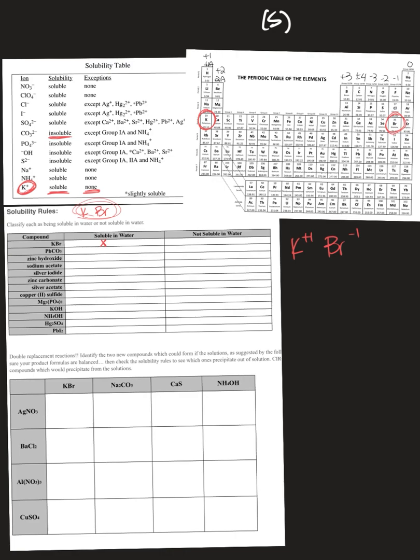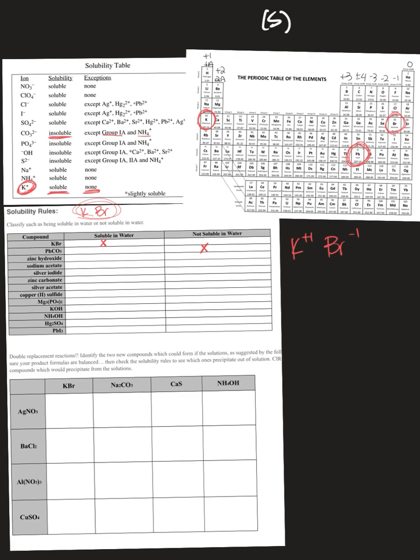It's going to form a solid, except when it's combined with elements in group 1A and with NH4+. Is lead in group 1A? On the periodic table, it is not, meaning that this compound is not soluble in water. So we can put an X in that category.